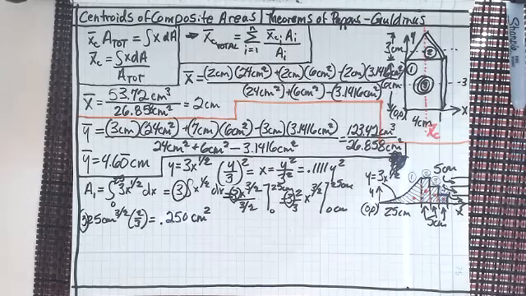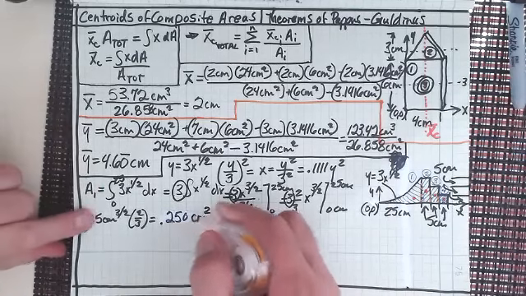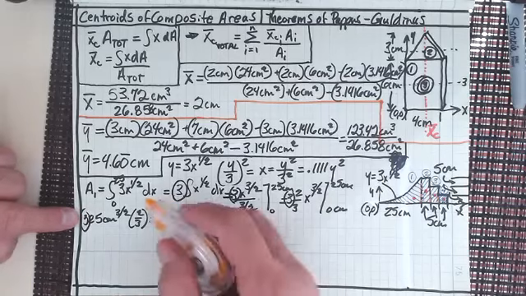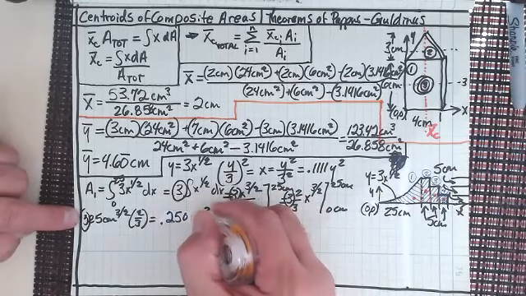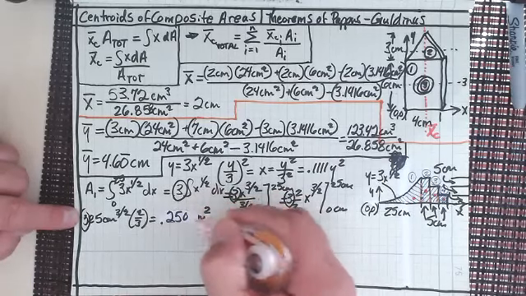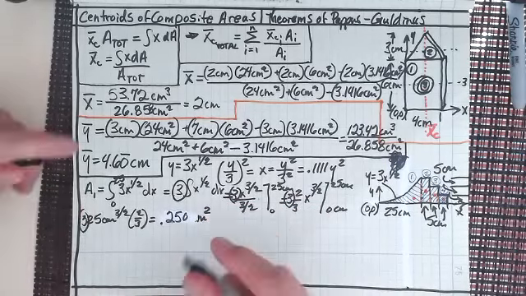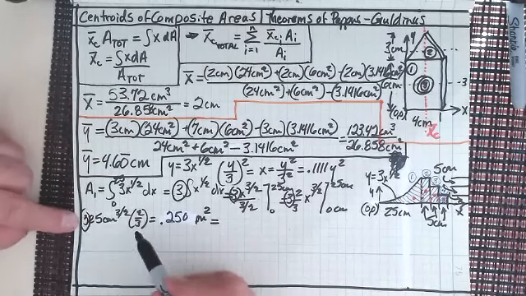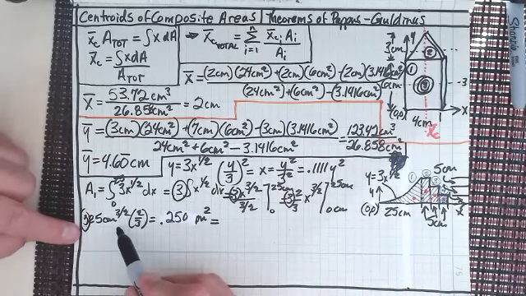Oh, wait a second. No. I used 0.2, so this isn't square centimeters. In fact, why don't I do it in both? That would be square meters. Sorry about that. So it is 0.250 square meters.